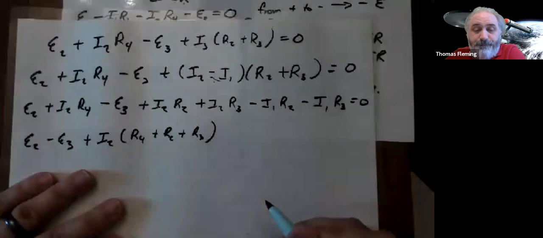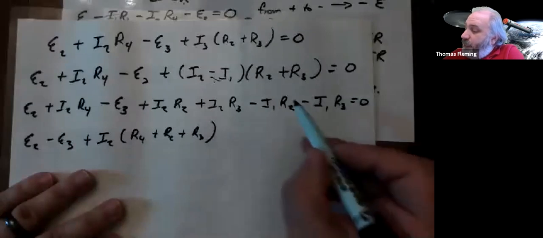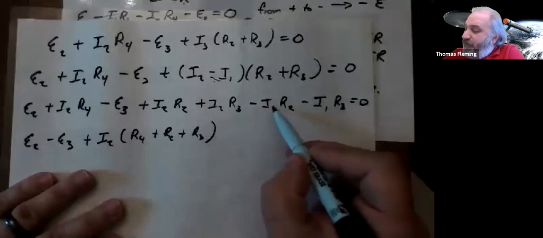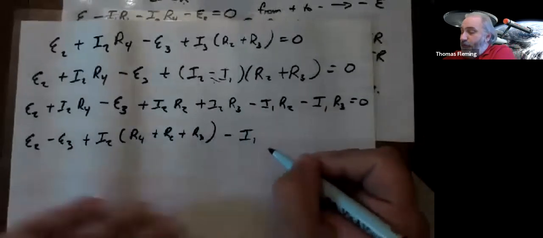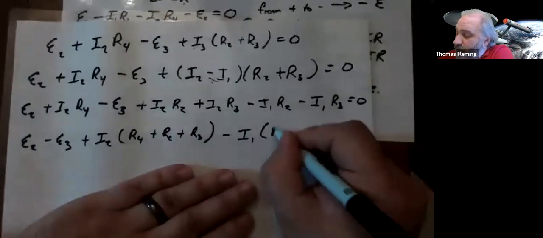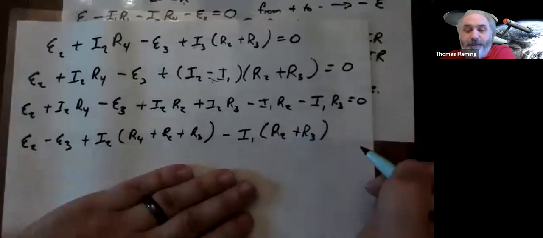So far, so good. Then for the I1 terms, I have two of them. They both have a minus I1. So I'm going to factor a minus I1 out of both of those, and it's going to leave behind R2 plus R3.